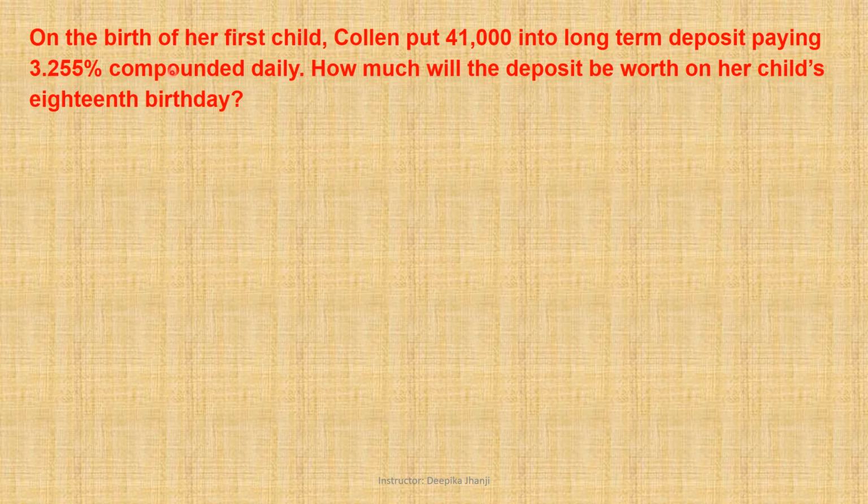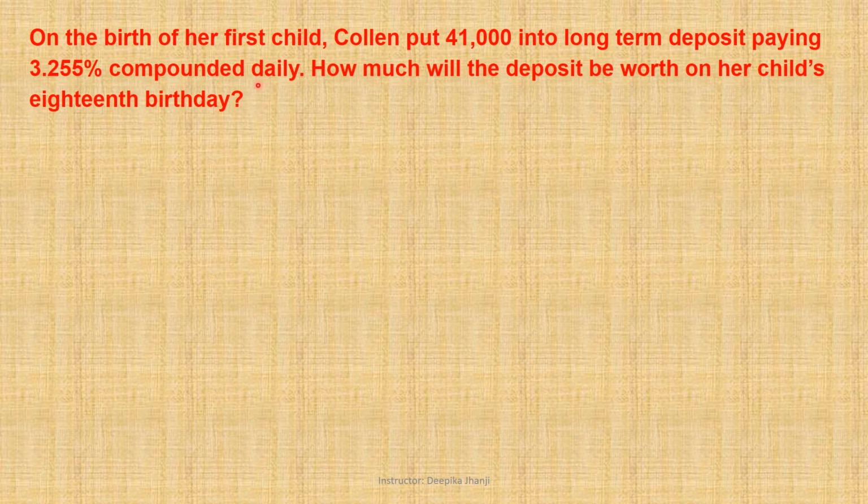Another interesting question is, on the birth of her first child, Colin put 41,000 into a long-term deposit paying 3.255% compounded daily. How much will the deposit be worth on her child's 18th birthday?